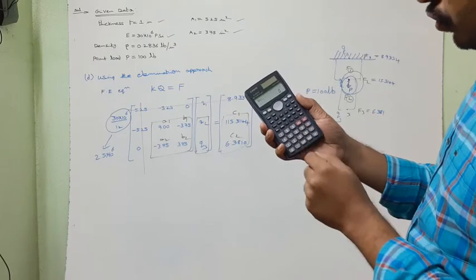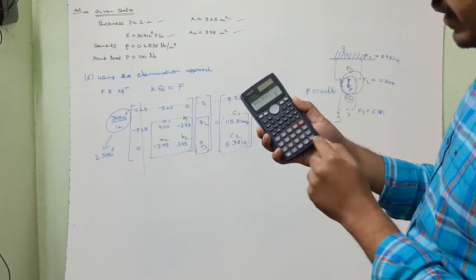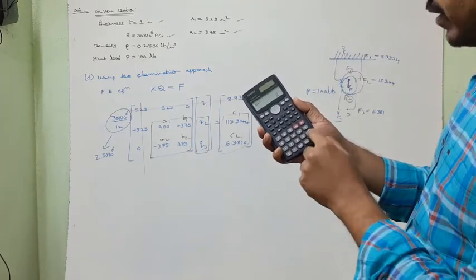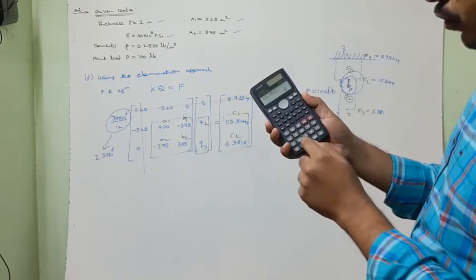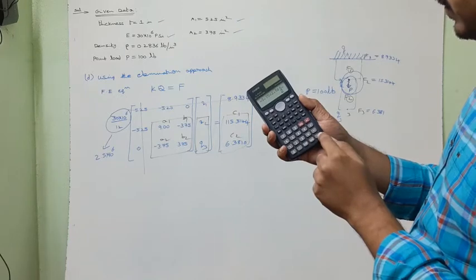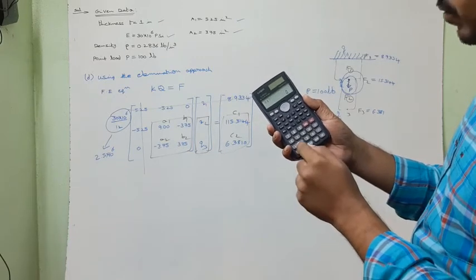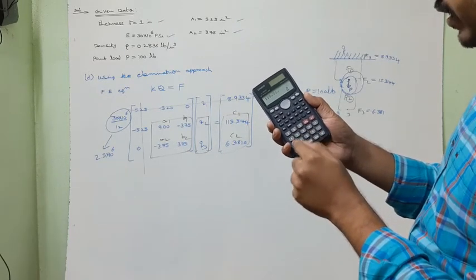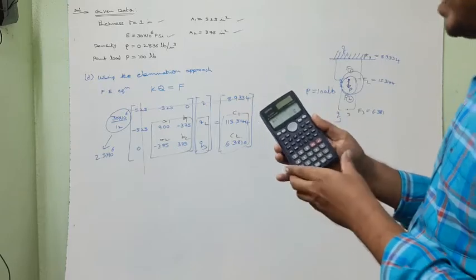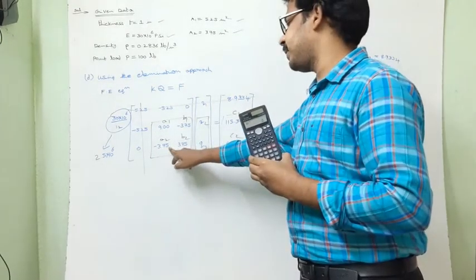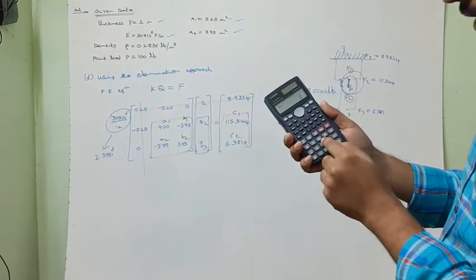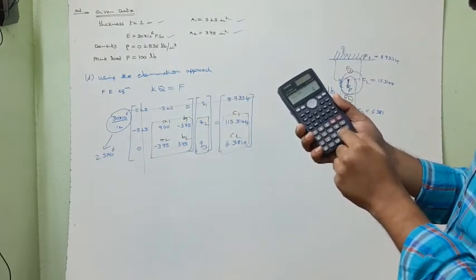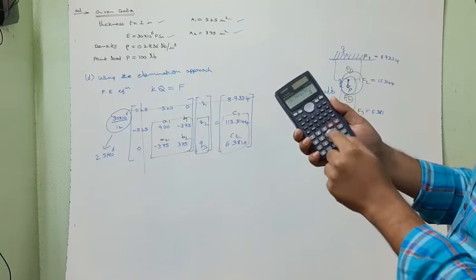9 into 2.5 E6. Next B1 means minus 3.75 into 2.5 E6. Next C1 is equal to 115.3144. So what is the A2 value? So here A2 value is minus 3.75 into 2.5 into 10 power 6. So here minus 3.75 into 2.5 E6.